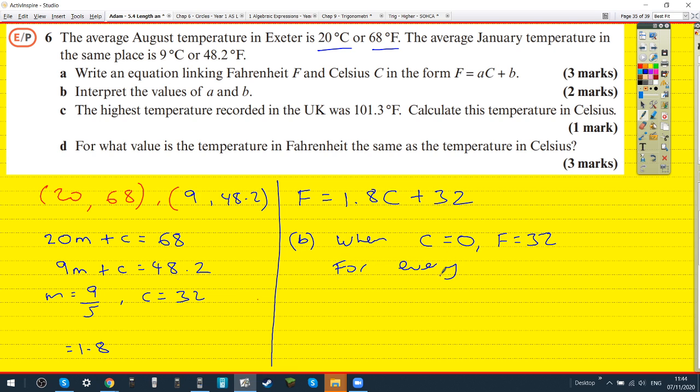So for every 1 increase in C, in degrees Celsius, is it just 1.8 is added or increased to F? Yeah. So for every 1 increase in X, there is an M increase in Y. For every 1 increase in C, there is a 1.8 increase in F.